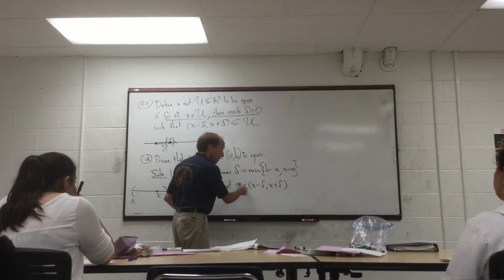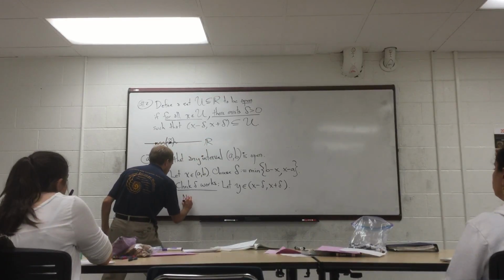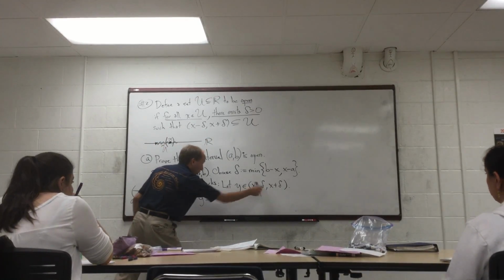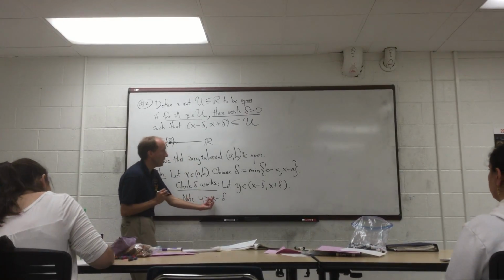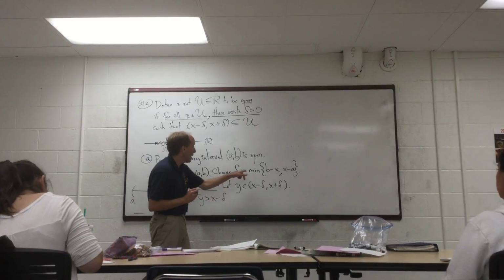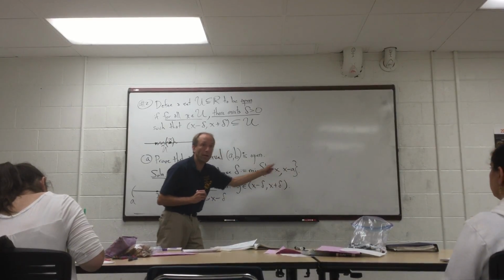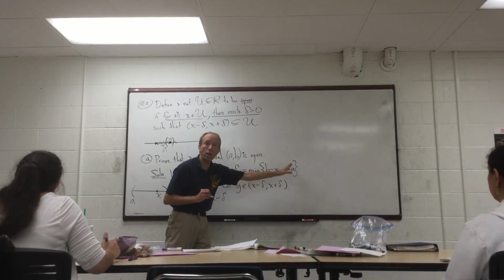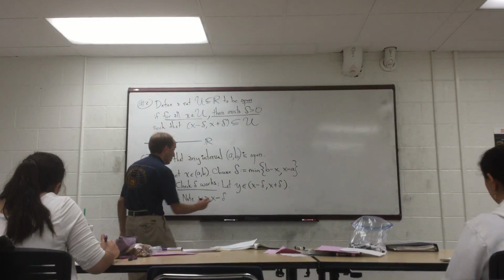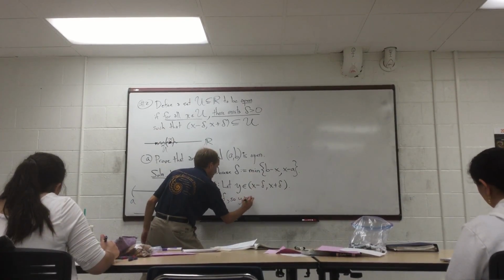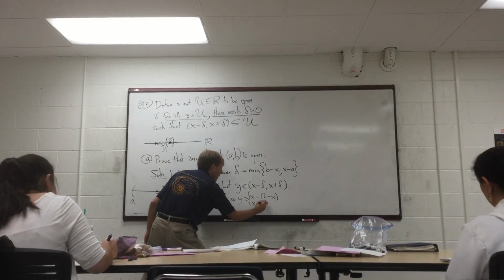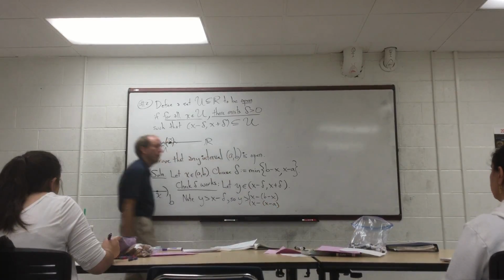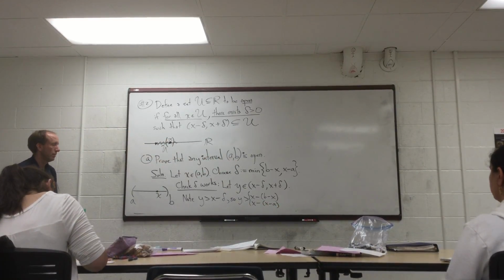Okay, but what we can see here is we already know that y is bigger than x minus delta, right? And if it's bigger than x minus delta, then it's bigger than x minus both of these things, right? You can subtract either one, and it's going to be true. So y is greater than x minus (b minus x), and it's also greater than x minus (x minus a). Do you agree with that?